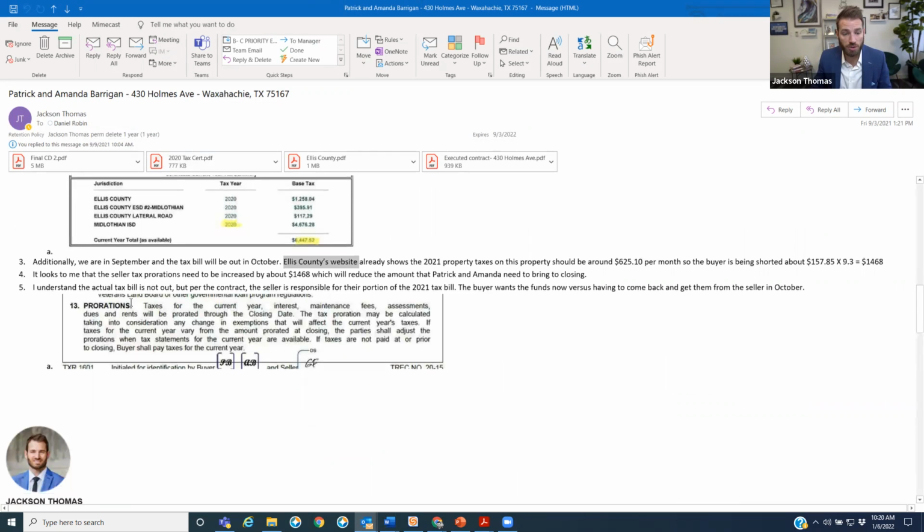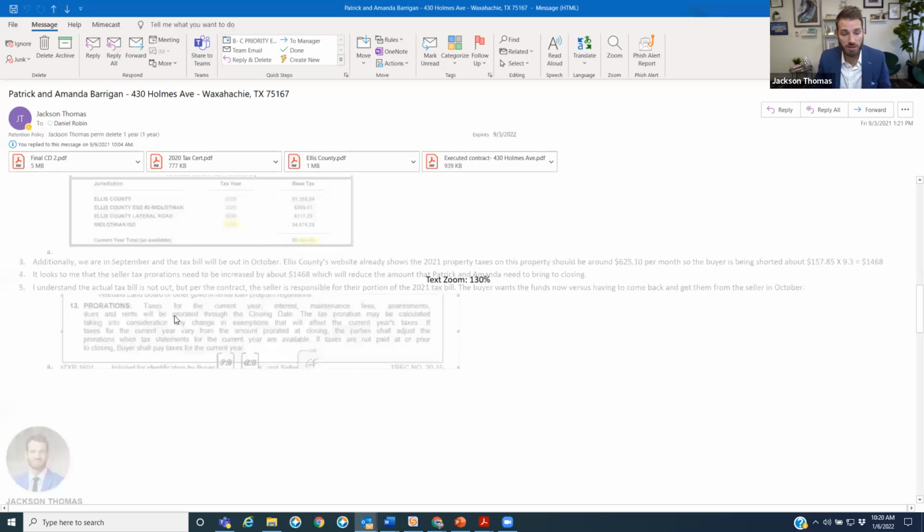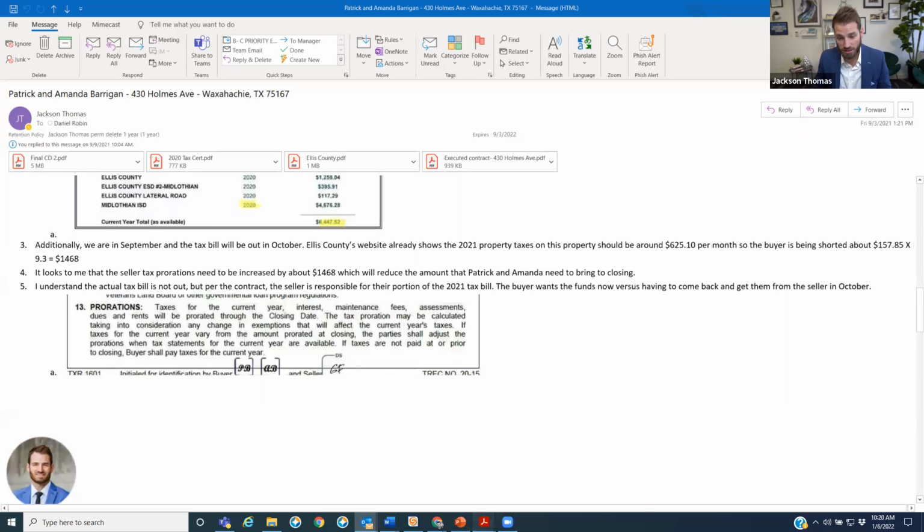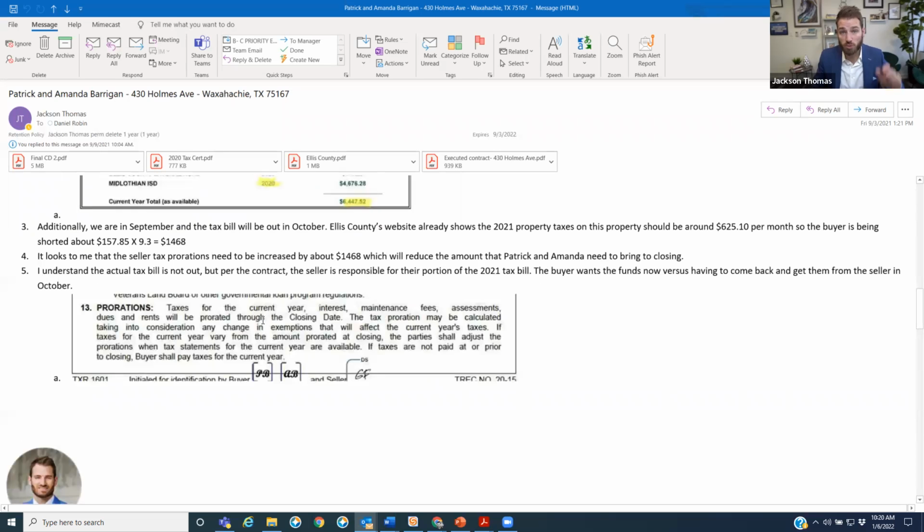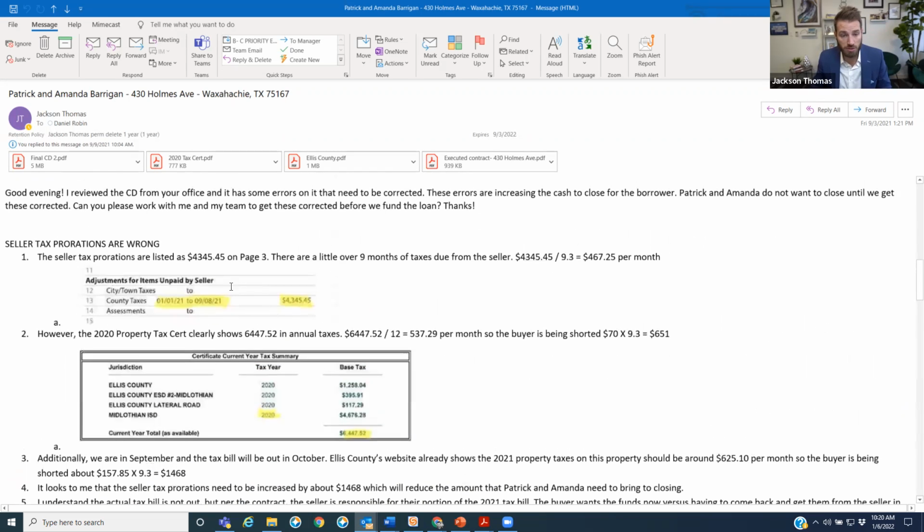I also wanted you to see that in the contract, a standard Texas contract, the seller is responsible for their property taxes of the year they're closing. In this scenario, the buyer was paying the seller tax prorations for 2021, but the seller was paying the tax prorations based on 2020.